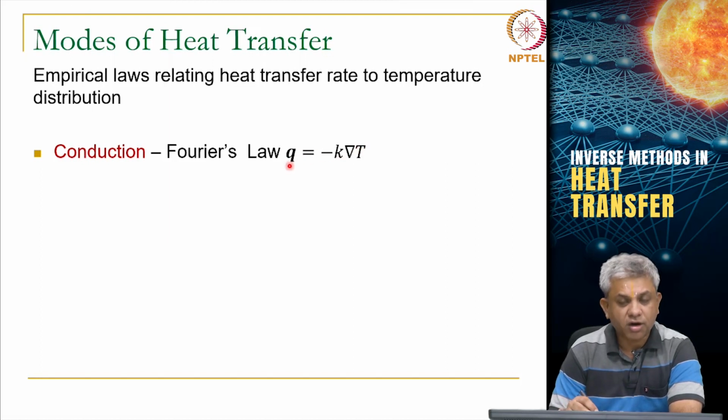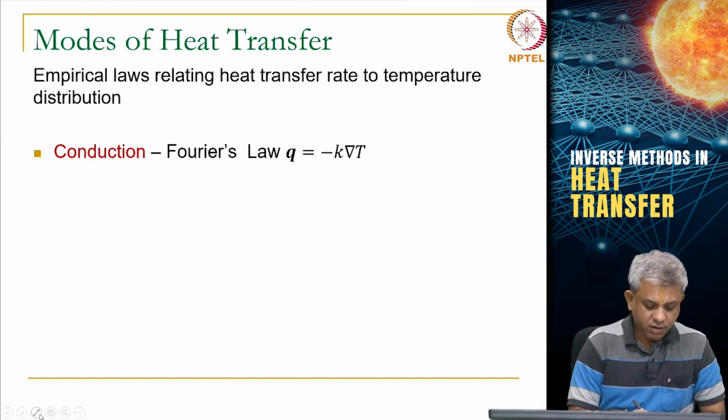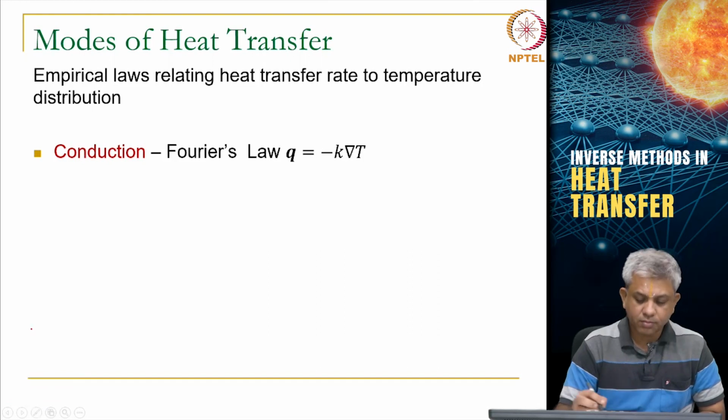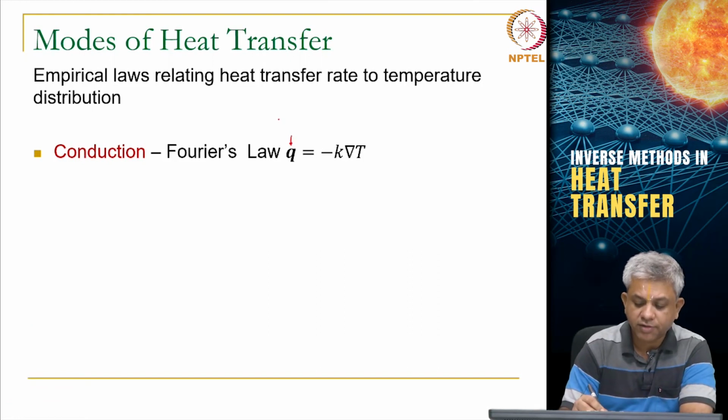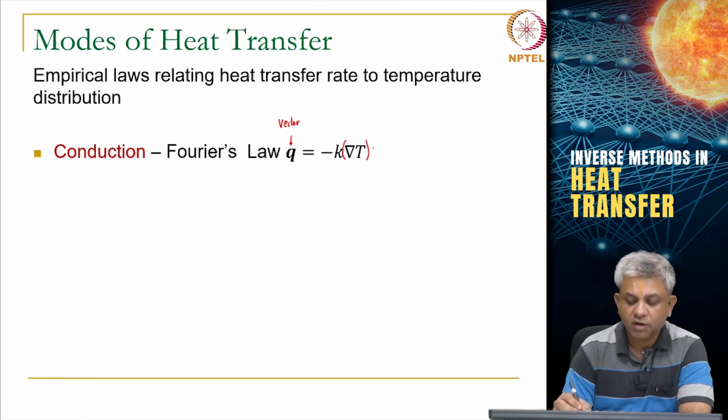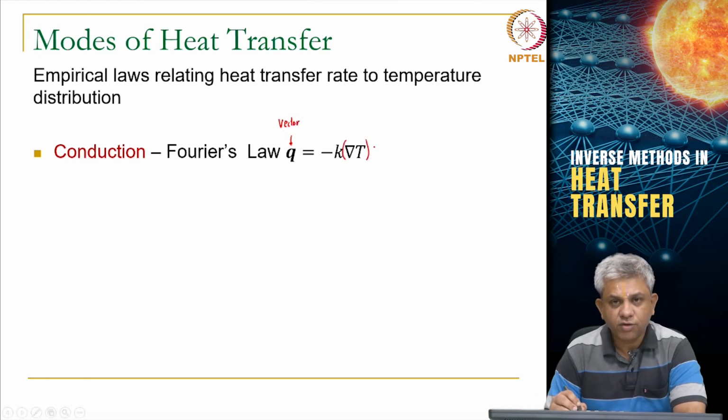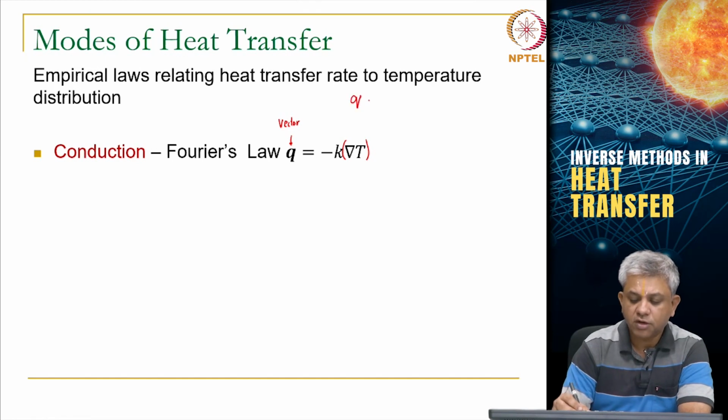So, what Fourier's law tells you is Q, notice here this is in bold, Q is a vector. As you know, gradient of T also is a vector. You would have usually seen it in the form Q is minus K dT/dx. This is the one dimensional version.